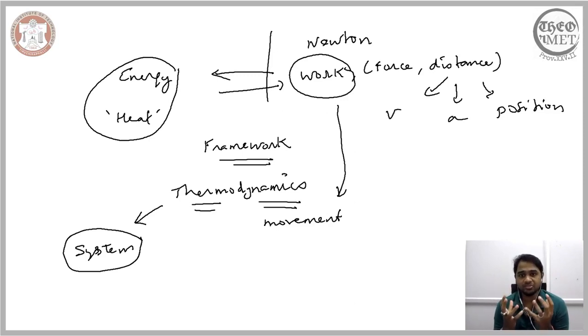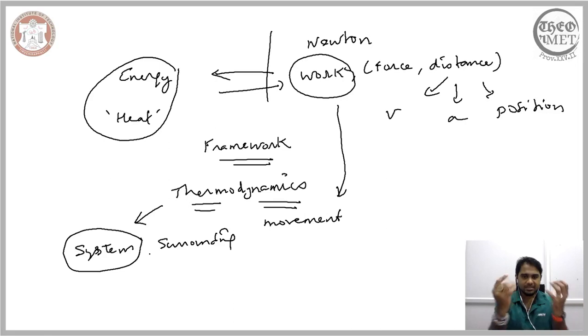That helped us distinguish the object from its surrounding. In the same way, when we want to consider a specific system, which allows us to study the aspect of energy and also work cumulatively, this system needs to be distinguished from what surrounds it.